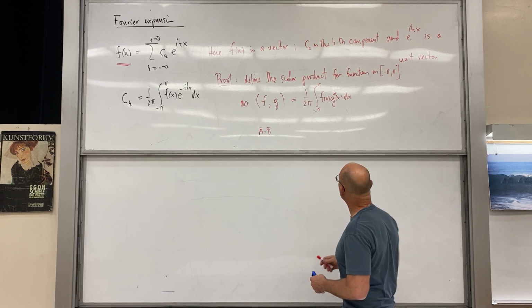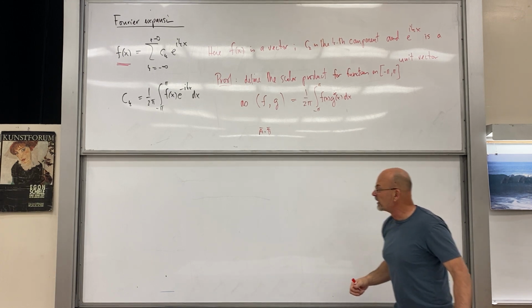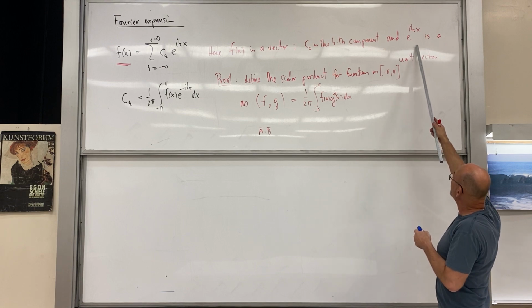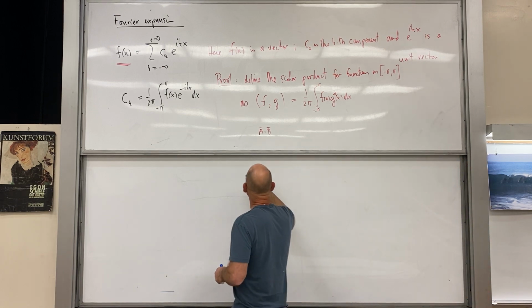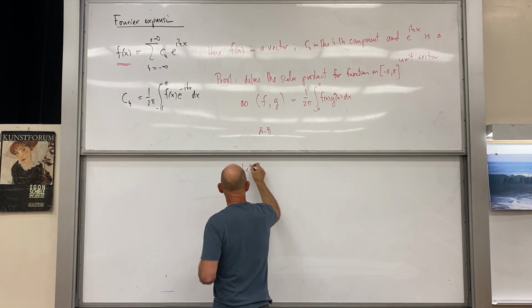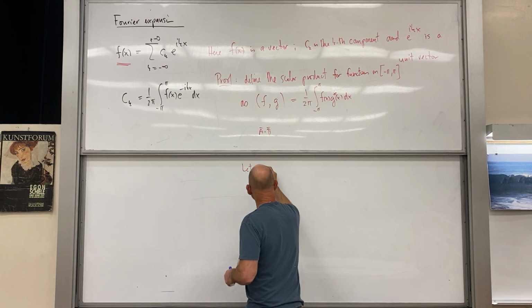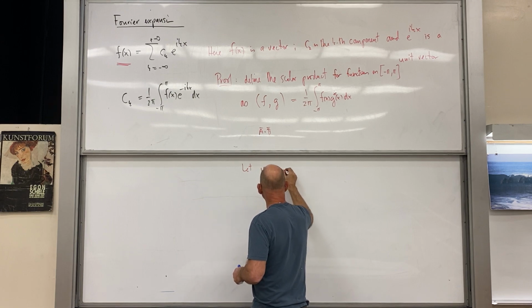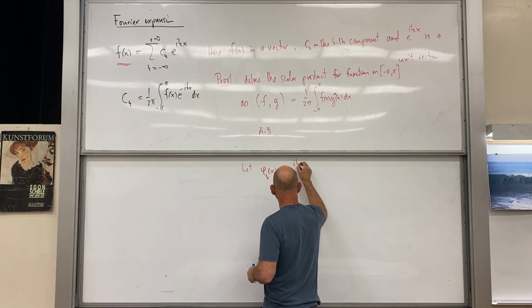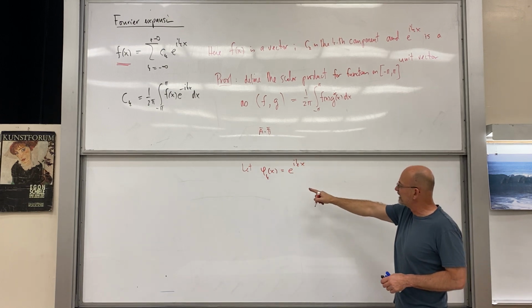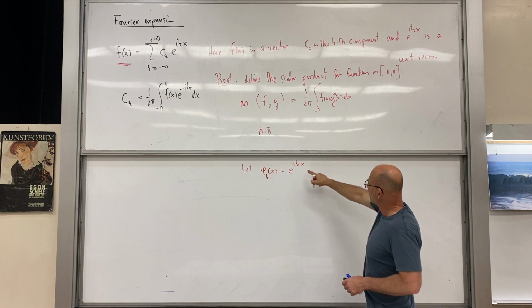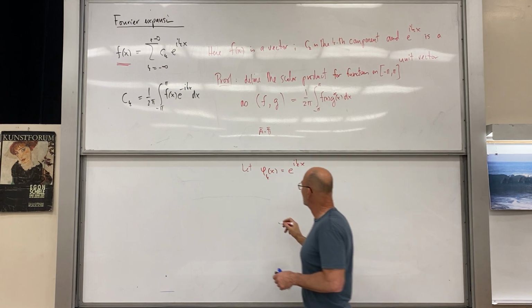So the first thing we do is work with these functions right here. Let's give it a name: phi sub k of x be equal to e to the i kx. So I'm defining it. k is an integer. This is our well-known function.